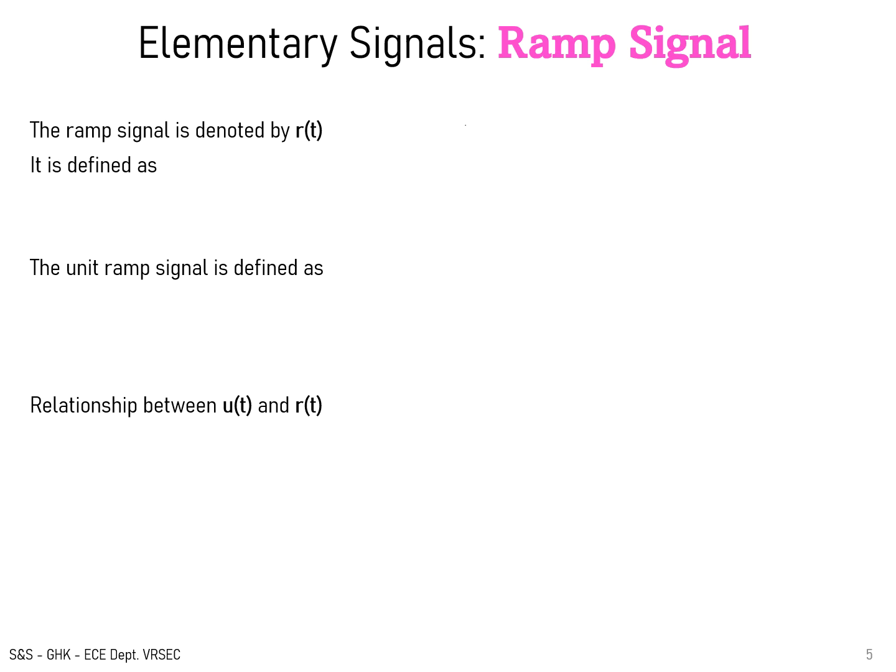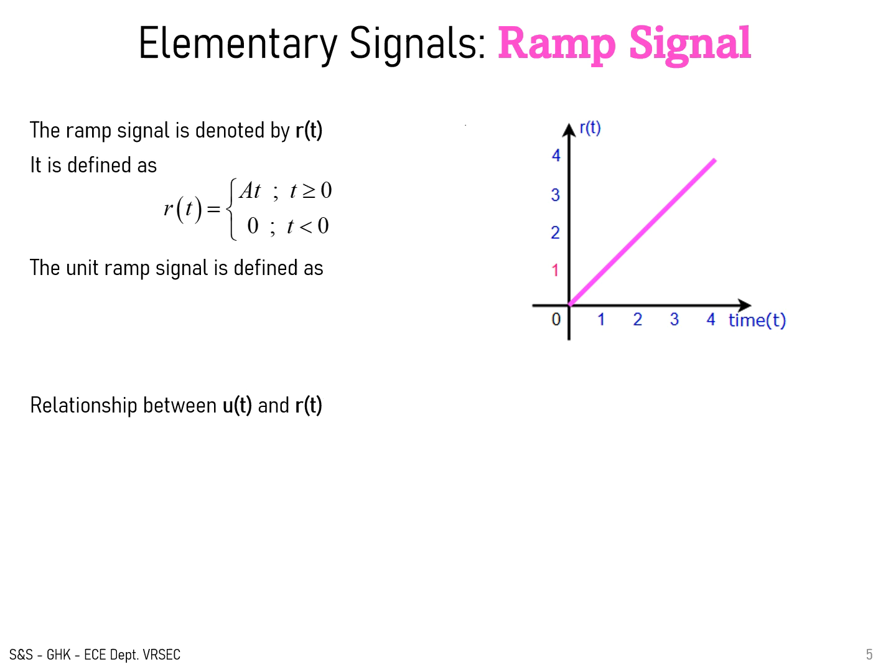Ramp signal. It is denoted by r of t, and here as time increases the amplitude increases linearly. Therefore, the slope of the line is a. Therefore, the ramp signal functional representation is r of t equal to at for t greater than or equal to 0 and 0 for t less than 0.